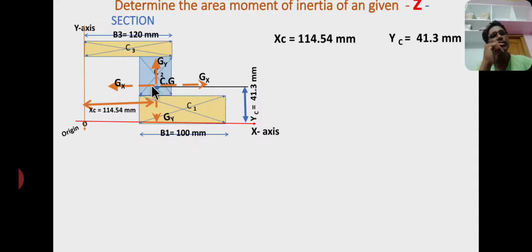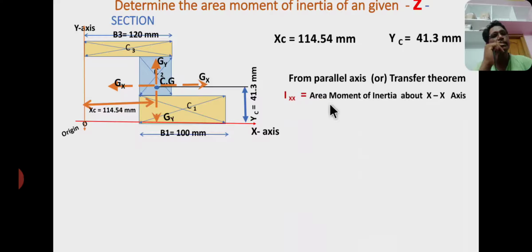These axes pass through the centroid. From the parallel axis theorem, the GX and XX axes are parallel to each other, whereas the GY axis and Y axis are parallel to each other. Therefore I consider the parallel axis theorem or transfer theorem for solving the area moment of inertia about the reference axes.